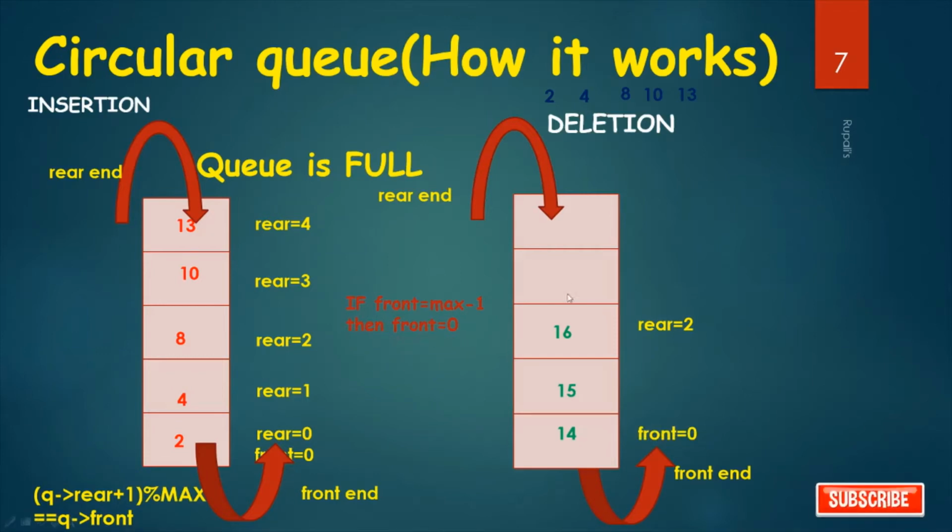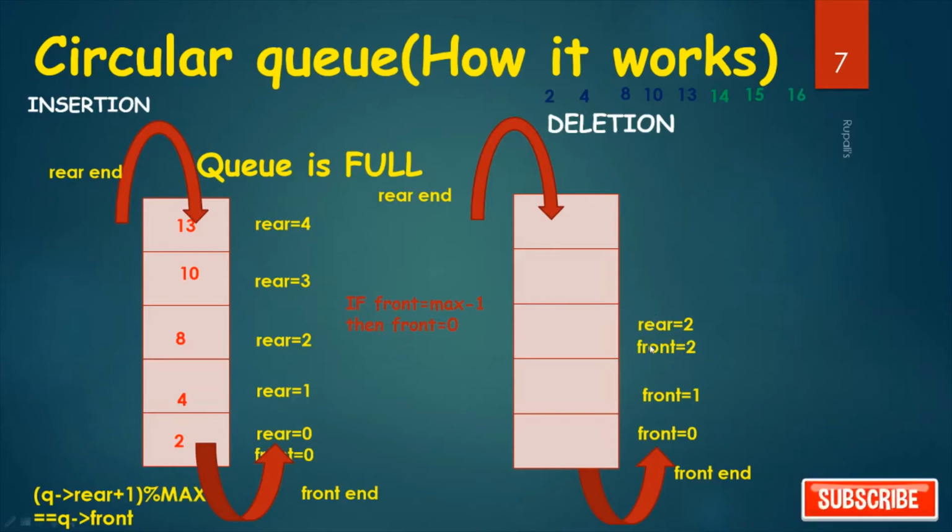Delete 14, increase front. Delete 15, increase front. Delete 16. Now see, both the value rear and front are same.